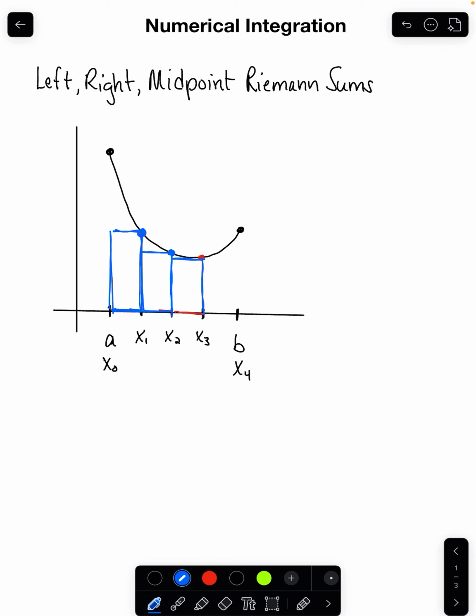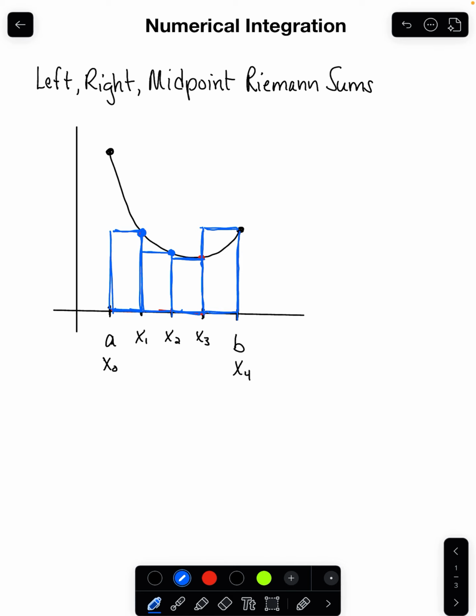And again. And again. This is going to ultimately give us a very large underestimation of the area. The only rectangle that would give an overestimation is the last rectangle on the last subinterval.